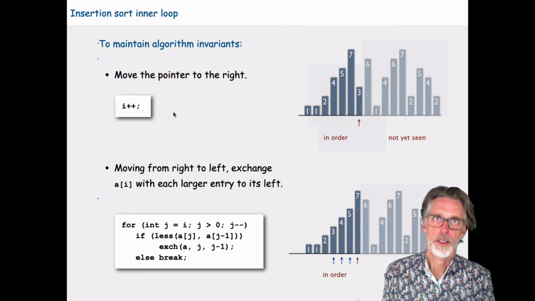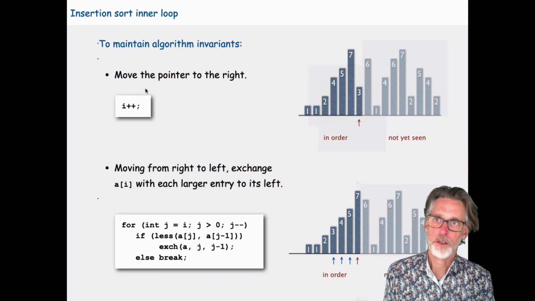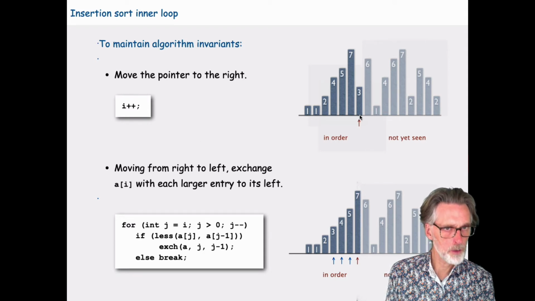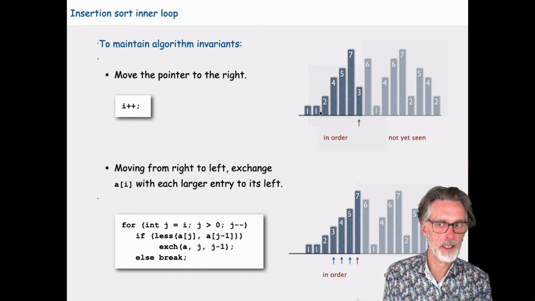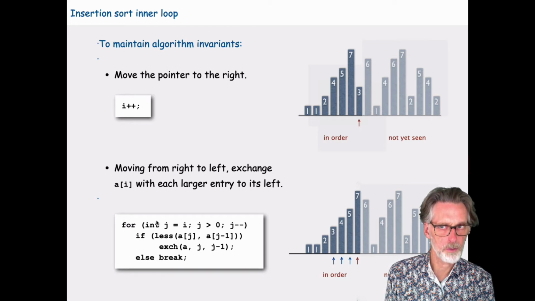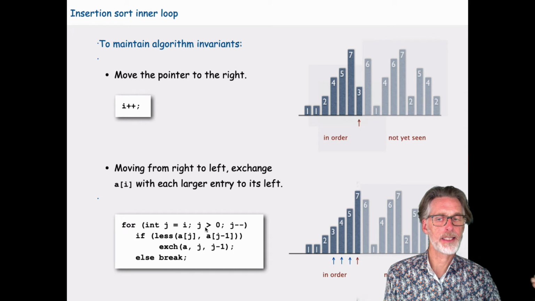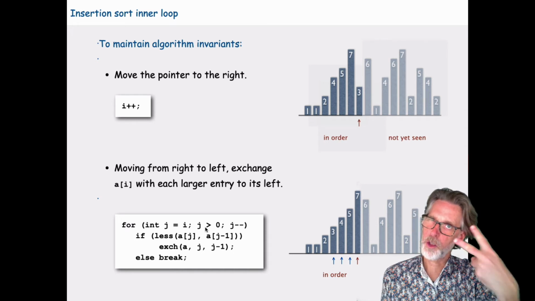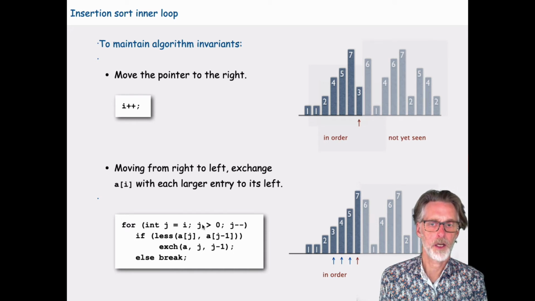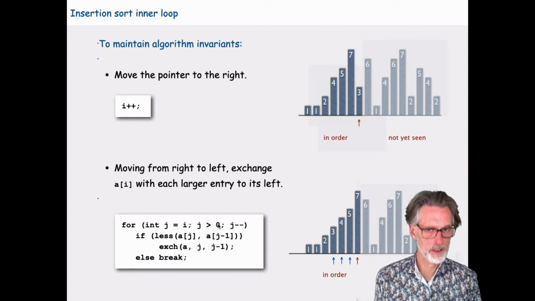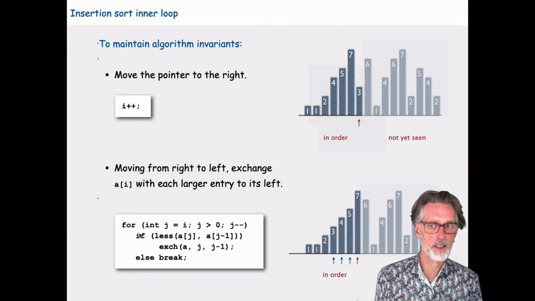Implementing this algorithm is not difficult. To move the pointer again, we can simply increment I. And as we do that, we need to, of course, check the newest element and move it into its place. And again, we do that with a loop. So we have an inner loop here. In this case, we're starting with j equal to I and going down to 0. There's actually two ways to get out of this loop. So one way is that we'll just hit 0. The other way is that this conditional, the if, will go false.